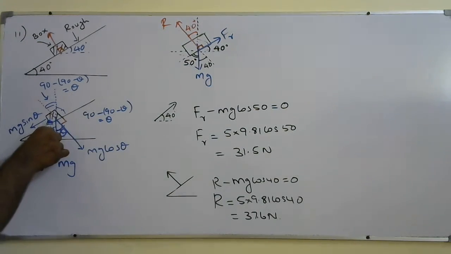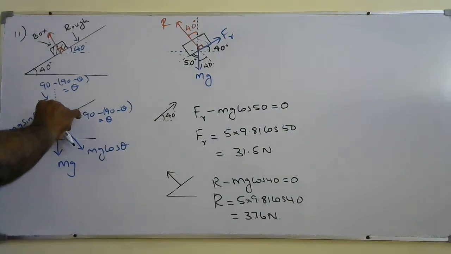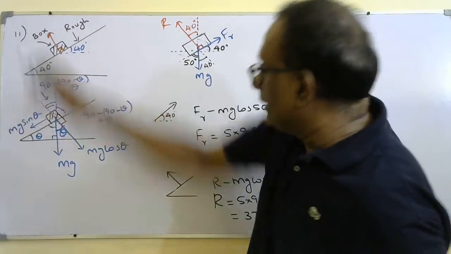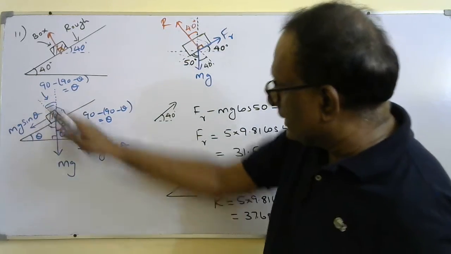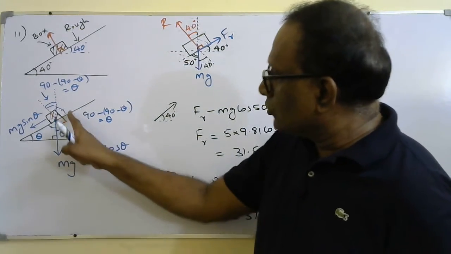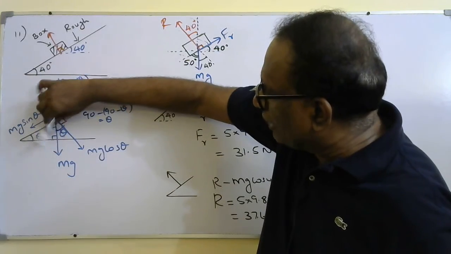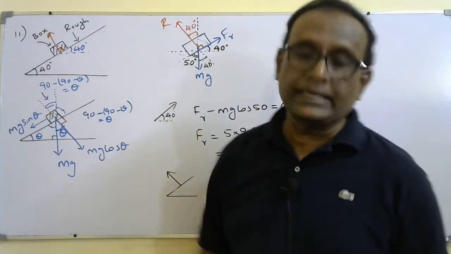So resolve the weight perpendicular to the plane: mg cos theta. Perpendicular to the plane means through the angle theta, mg cos theta. To get the component along the plane downwards, move it away from the angle: mg sine theta.